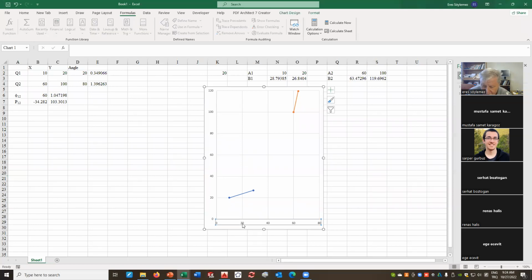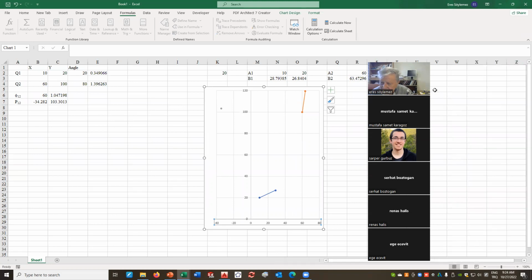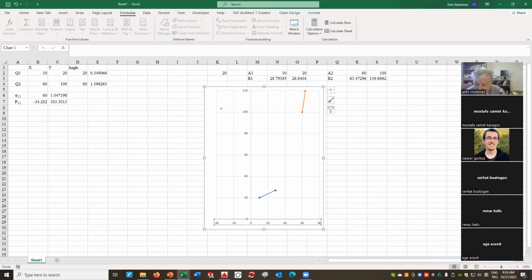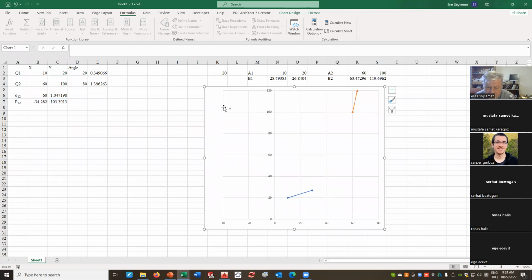So I have to format axis. Then I have to move this. At least make it minus 40. Am I correct? Because it's minus 34. Here's the pole. Again, I have to make this a square.